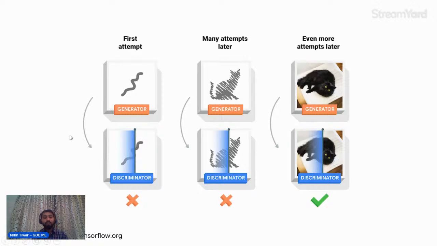If you see the very first image on this slide, there is a scribble. The generator is trying to generate something that it knows from a random noise. You won't find any data in this first image. After many attempts, the generator tries to draw more meaningful data out of it. If you compare the first image with the second one, you will see some resemblance of a cat, a shape of a cat.